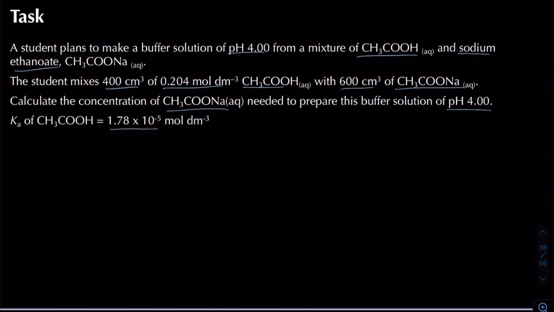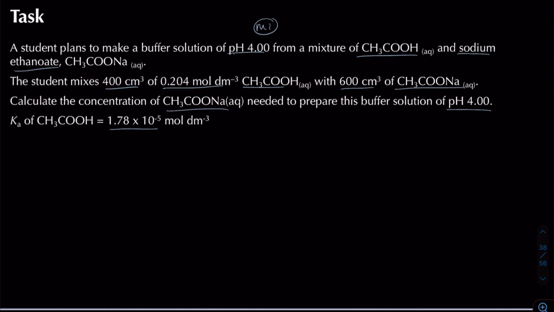So we need to work backwards in this tricky calculation, where we need to find the concentration of H plus, then the concentration of our acid, and then the concentration of our sodium ethanoate. We also need to think about what type of buffer calculation we've got, which in this case is method 1, because we've got a salt and an acid mixed together to form a buffer solution.